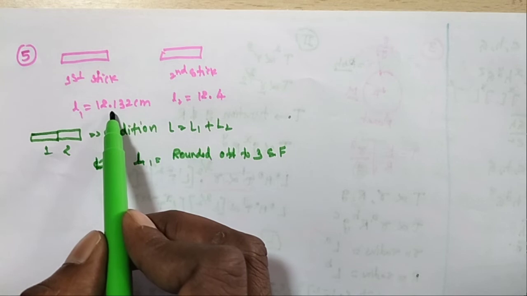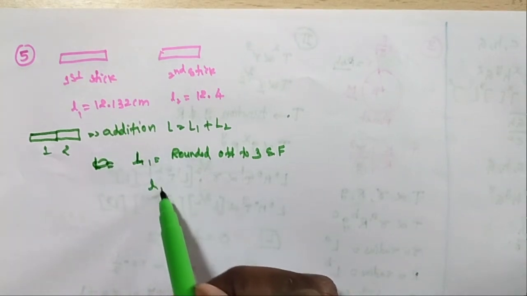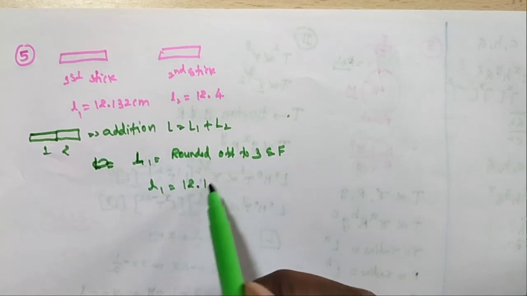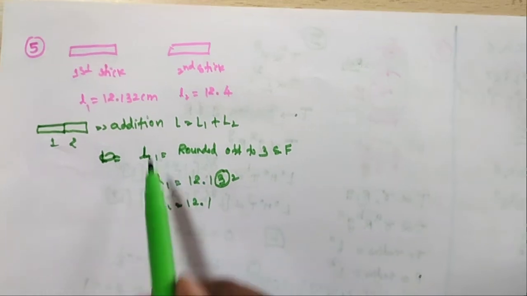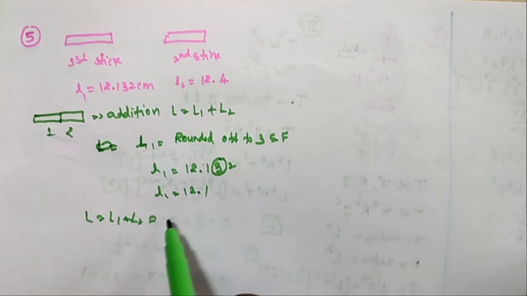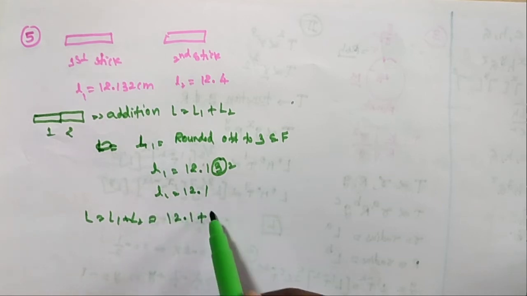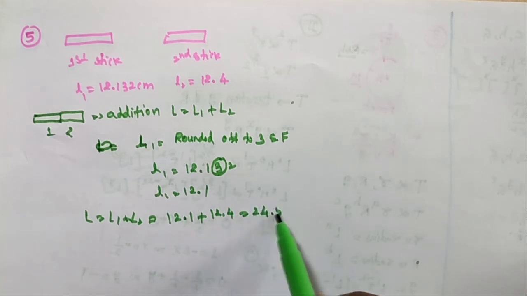So this is also rounded off up to 3 significant figures. So L1 is 12.132, rounded, so L1 is equal to 12.1. So adding, L is equal to L1 plus L2, that is 12.1 plus 12.4. What is the value? 24.5 centimeter.